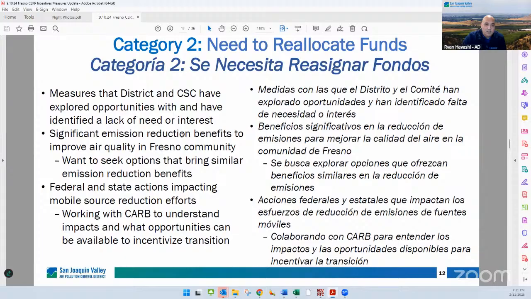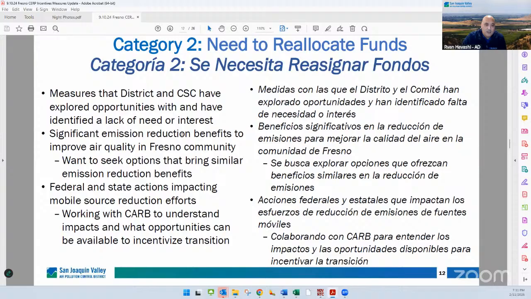So when we're considering things, we want to ideally find things that are going to find significant emission reductions. The other major impact that I'm sure a lot of you are aware of is just what happened at the federal level with some of the state measures that were accounted for in the expected emission reductions in the community.